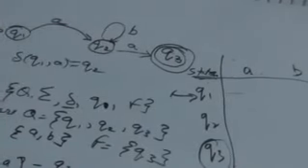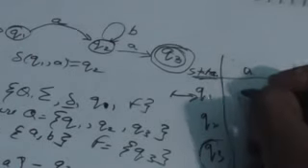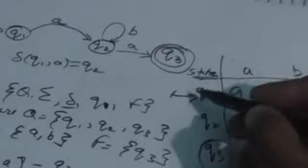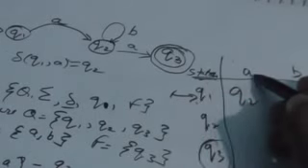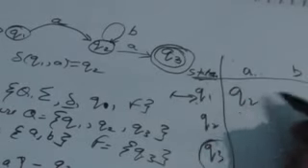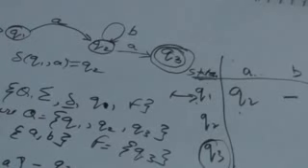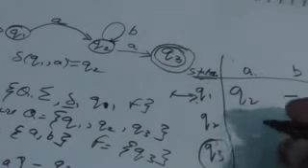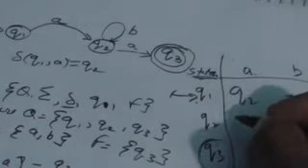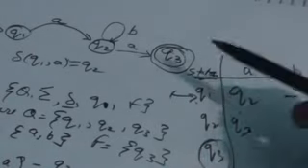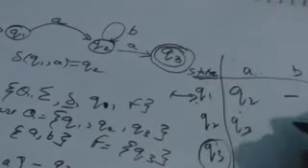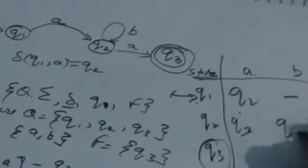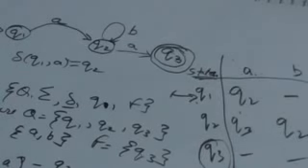So in this entry we will write Q2. There is no transition for input symbol B. Similarly, write the transitions of Q2. When it reads input symbol A, it jumps to Q3. When it reads input symbol B, it remains in state Q2. There are no transitions for final state Q3.